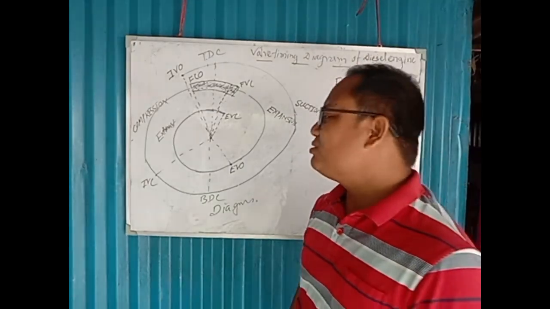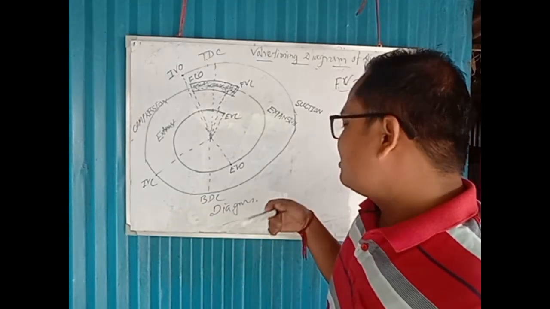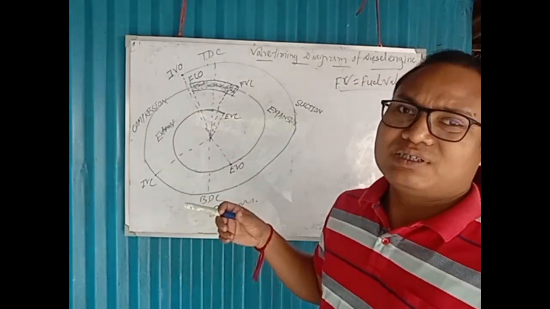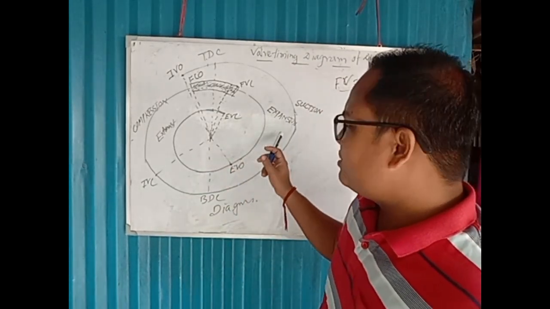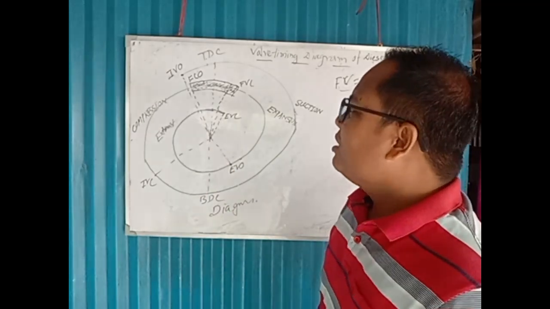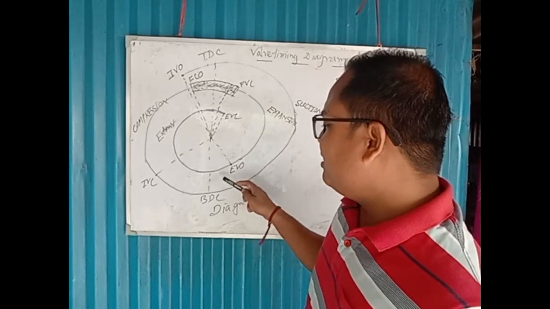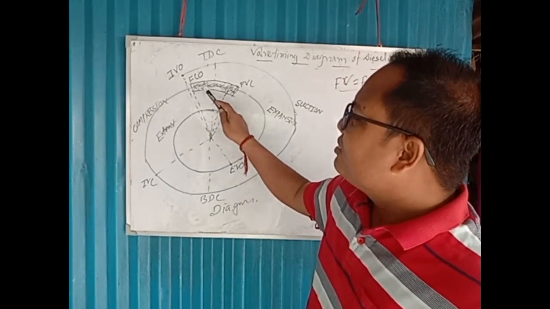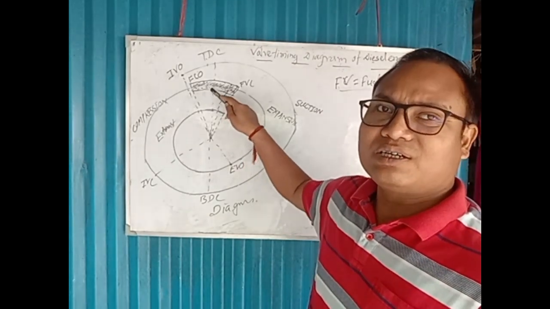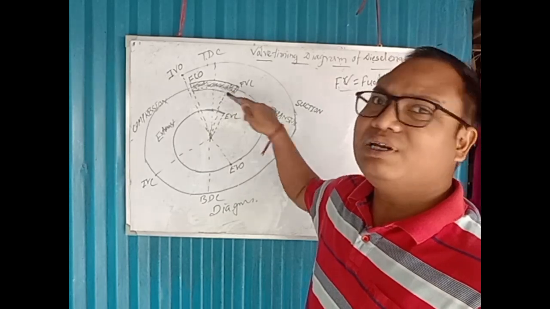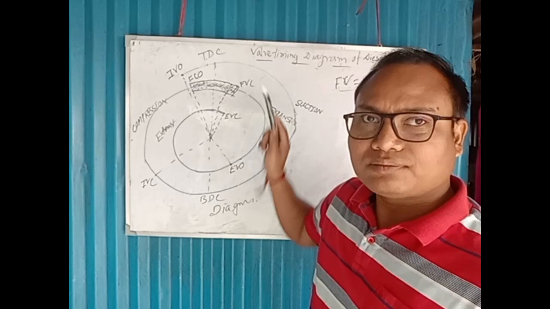Here we can also see that the four strokes operate successively: suction, compression, expansion, and lastly exhaust. The main difference here is that the fuel valve is used, because the fuel is injected into the cylinder by the fuel injector through this path.